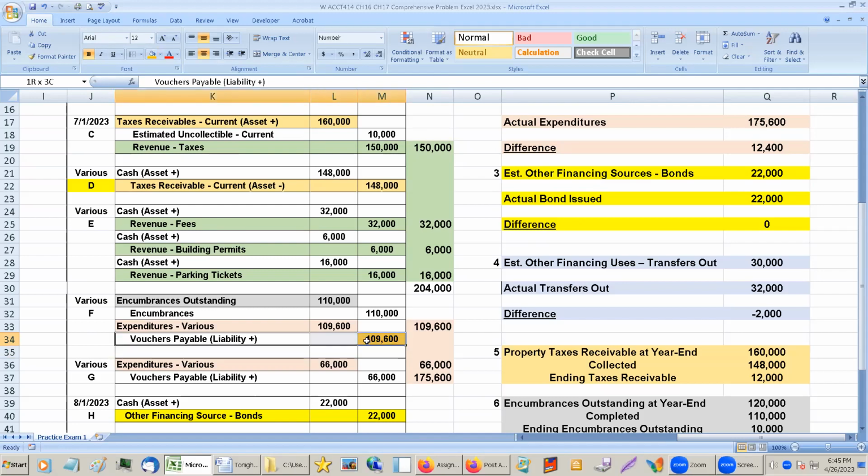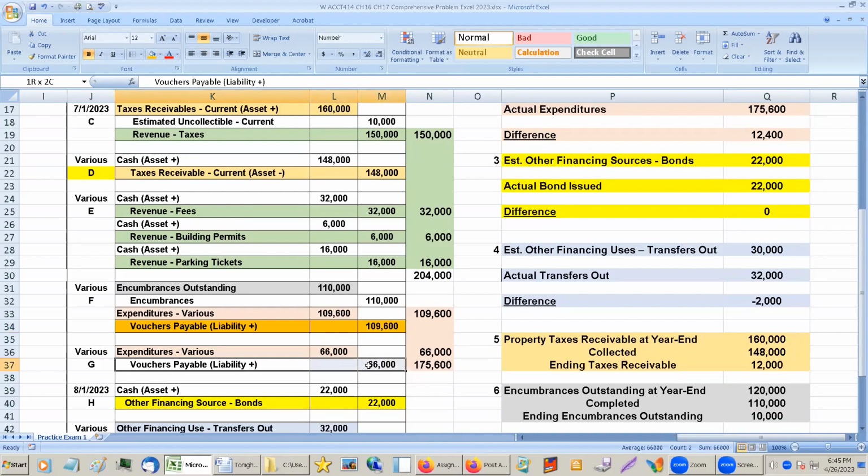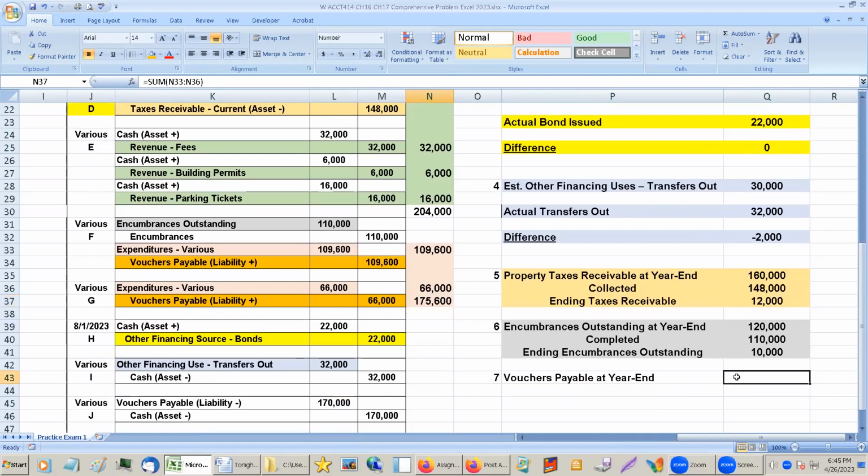Now we'll do it then. Okay, so we have vouchers payable. We have 109,000. And vouchers payable down here, 166. Now you'll notice it looks like those match up with the expenditures, right? So we start out with 175,600. Is that right? Yeah.